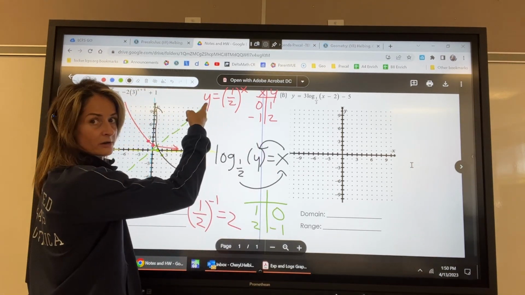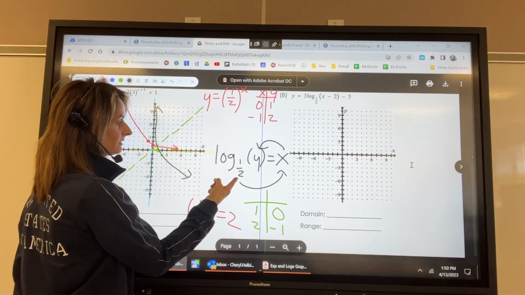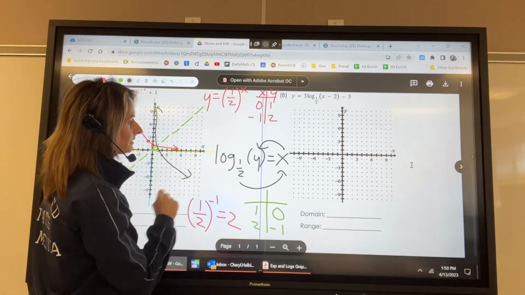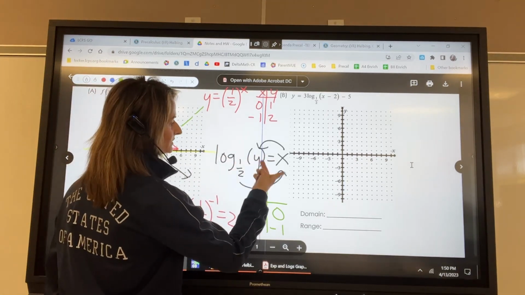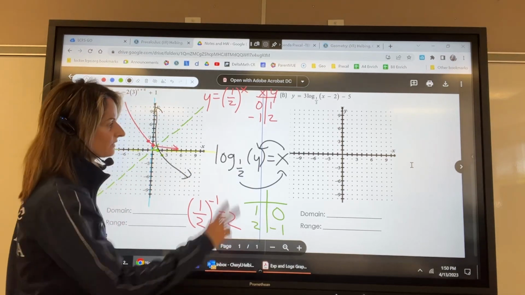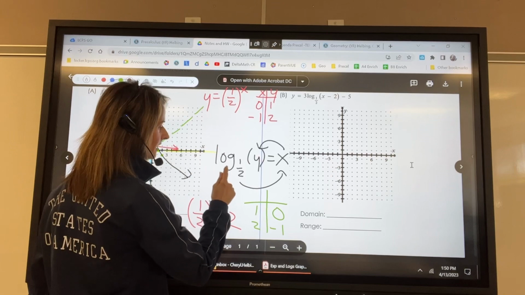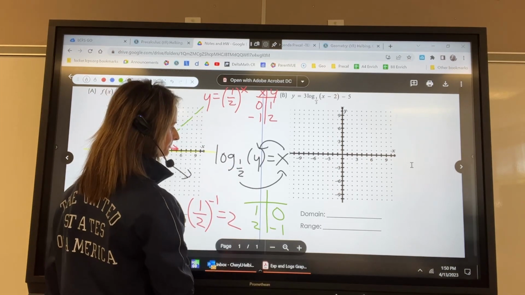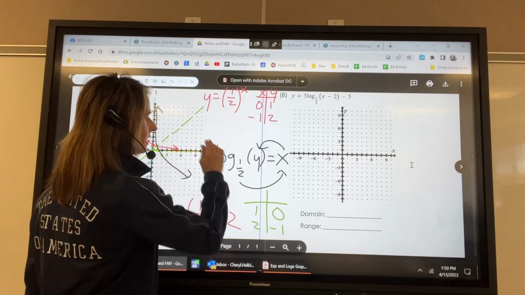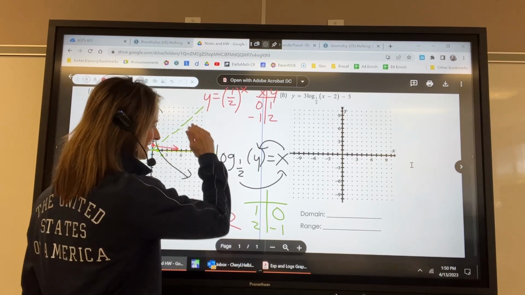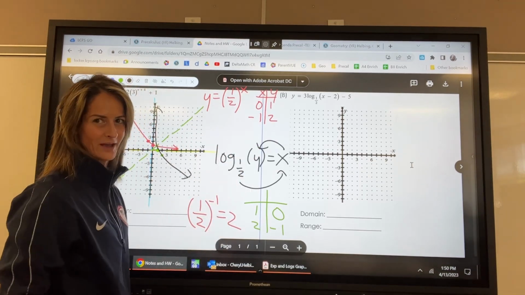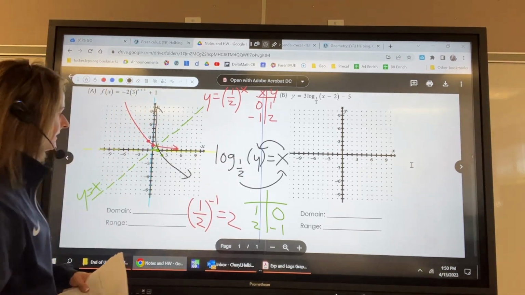That's what we got here. I just rewrote it. This is where the x y switch comes in. Because when I graph this, if I switch these, it's going to be y equals log base 1/2 of x. Okay, so that's what we're doing.